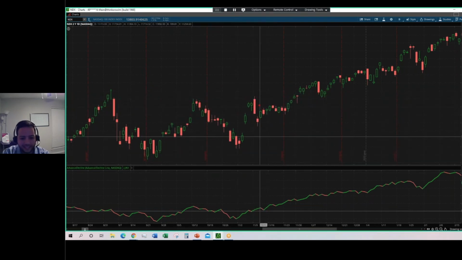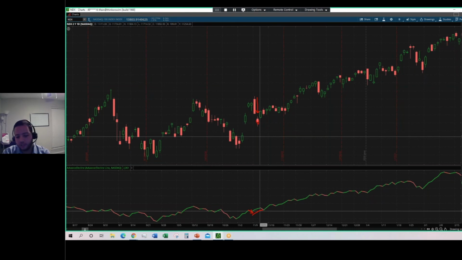So we see that in here, this was the weekend, right? So on Friday, it closed red. More stocks were declining than advancing, yet the index remained sort of green, right? What we saw Monday morning was this huge drop here, subsequently followed by another small drop.